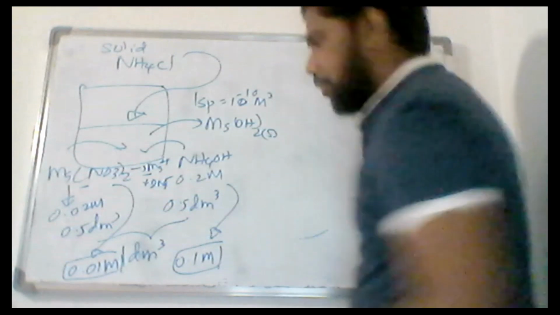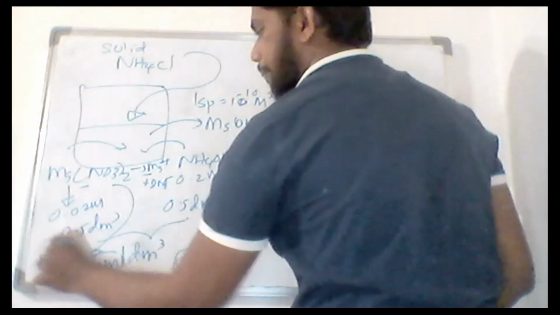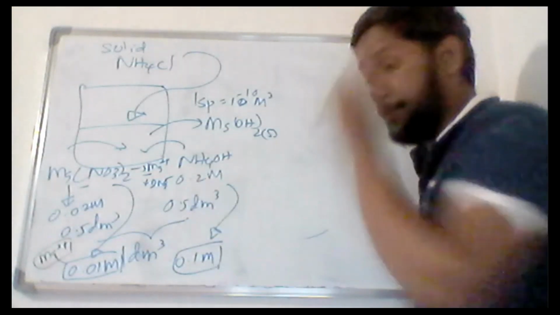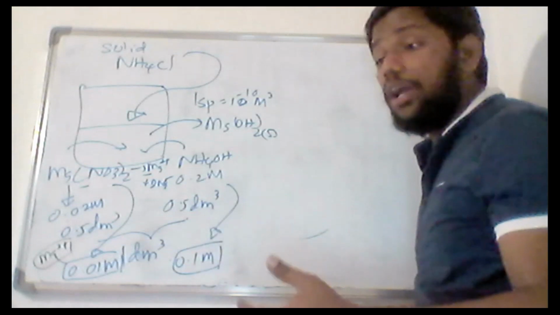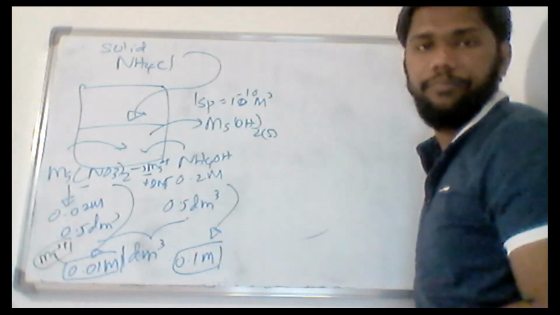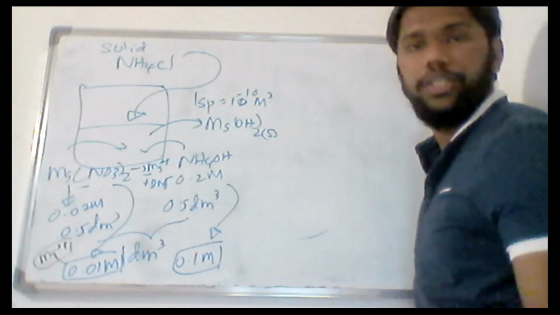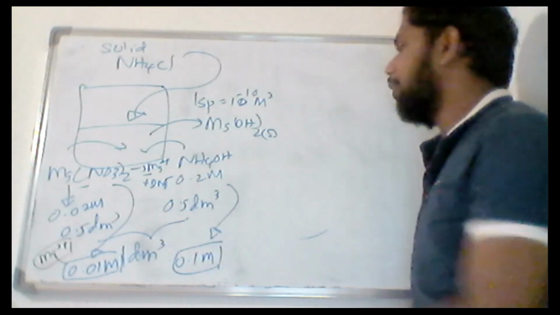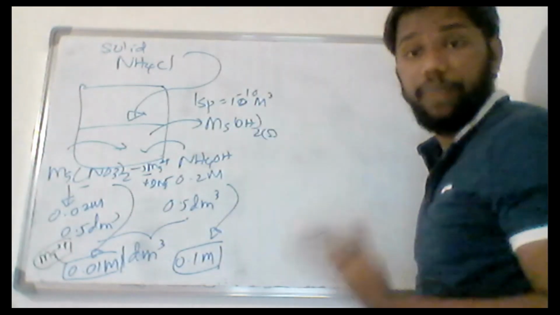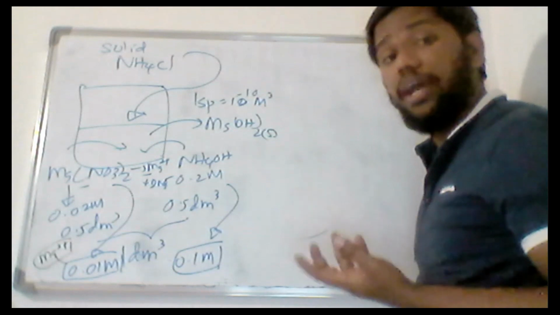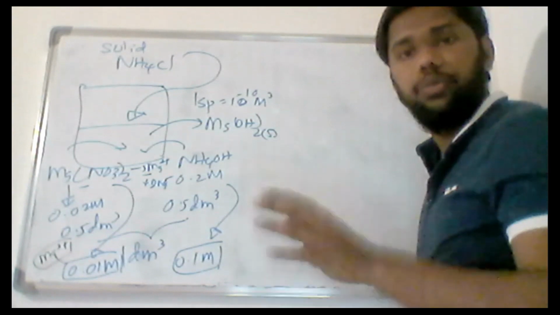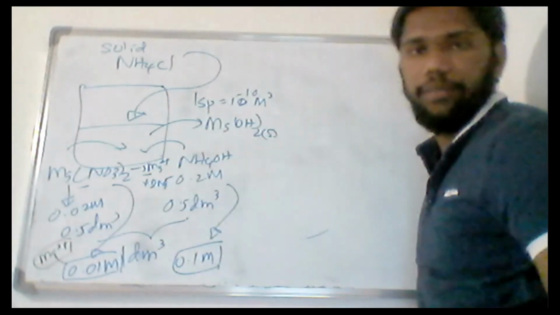And for ammonium hydroxide at 0.1 M, you can use Kb to find the OH- concentration in the solution, and then calculate the ionic product of magnesium hydroxide and compare it with the Ksp value. If it is greater than the Ksp value, the precipitate is surely forming.